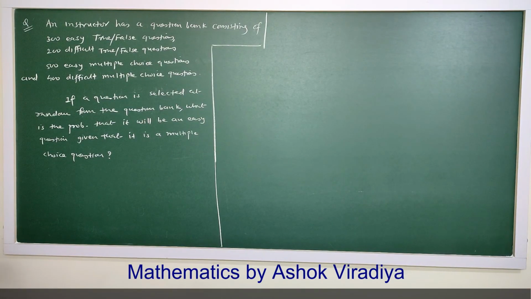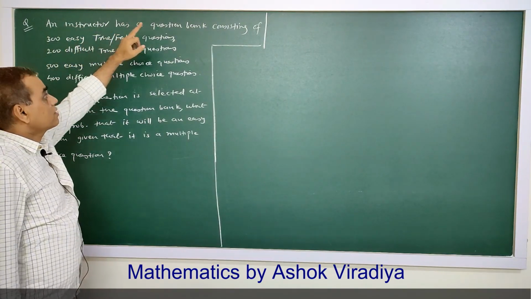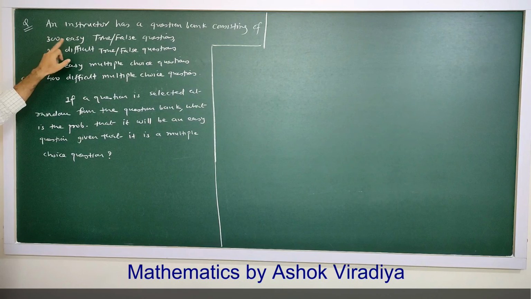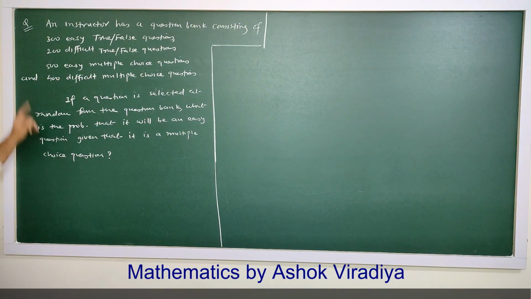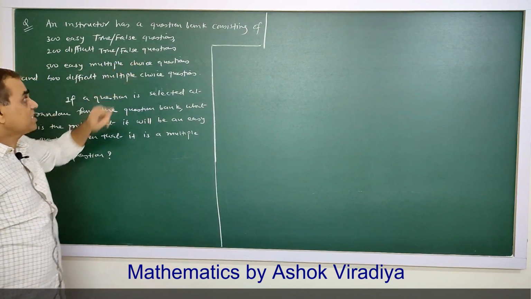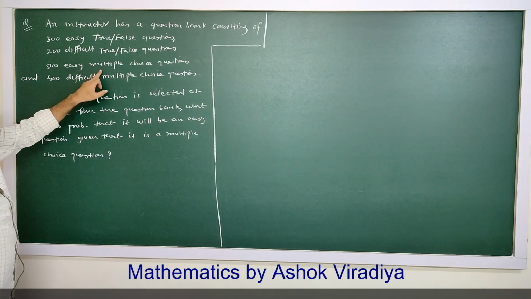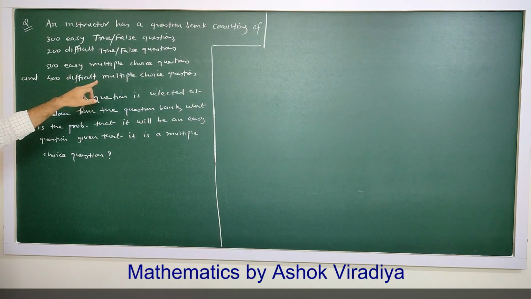Say here, given that an instructor has a question bank consisting of 300 easy true false questions, 200 difficult true false questions, 500 easy multiple choice questions, and 400 difficult multiple choice questions.